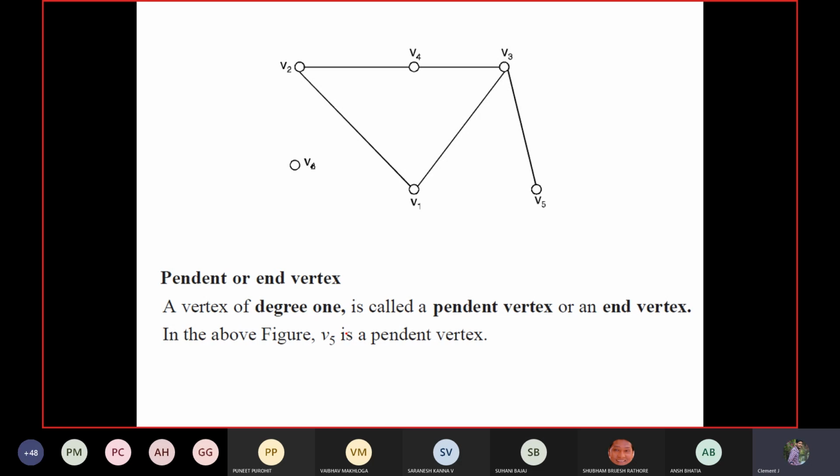For one graph, you may have multiple isolated vertices, and multiple pendant vertices also. For example, here I may increase. This is V7. So in this graph, I can say there are pendant vertices: one is V5, one more is V7.